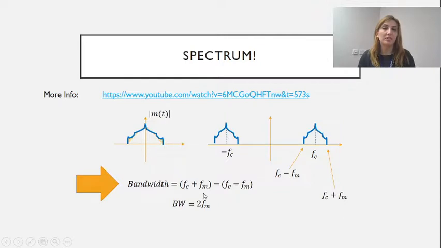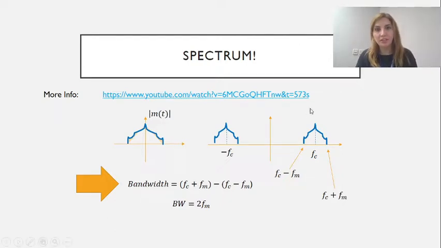They cancel each other and I end up with 2 FM. It makes sense because my bandwidth shouldn't have anything to do with my carrier frequency. It should be associated with the type of signal that I am sending. So bandwidth is equal to double the modulating signal frequency.